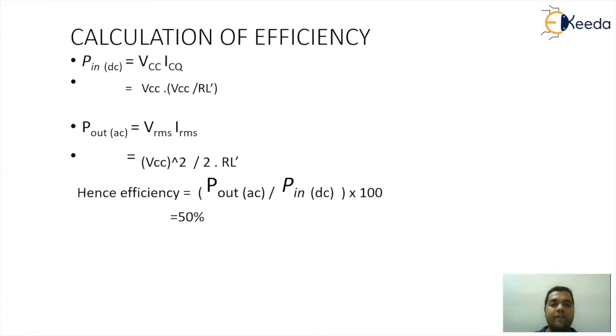On solving, we get the efficiency as 50%. If you observe carefully, the series fed class A circuitry was giving an efficiency of 25%, whereas the transformer coupled class A circuitry gives an efficiency of 50%. So we see a definite change in the value of efficiency.